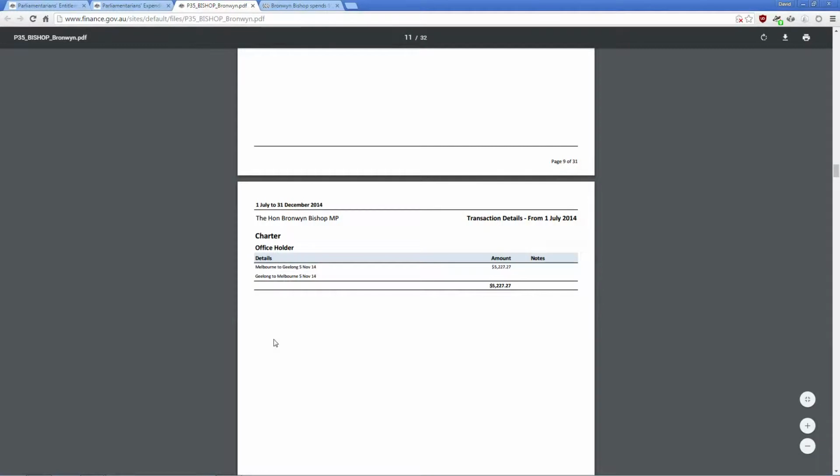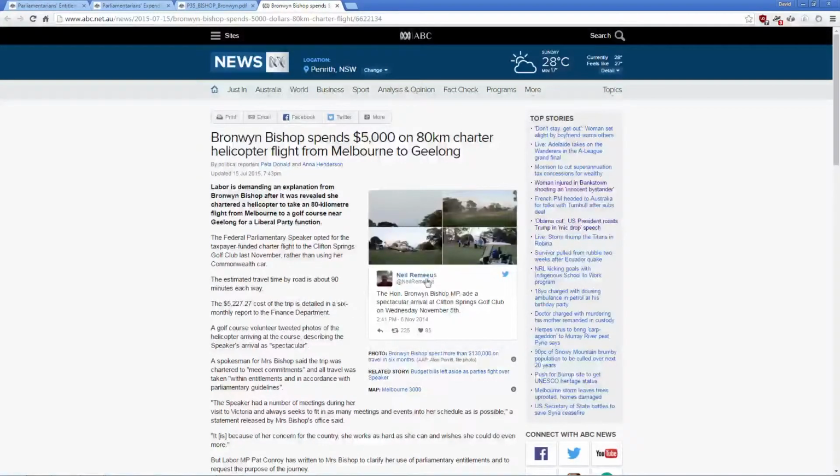Bronwyn Bishop from the North Shore needing a charter from Melbourne to Geelong. She then found out where Bronwyn Bishop was on that day on Facebook, and these photos are on Facebook from the Clifton Springs Golf Club, and pieced it all together.